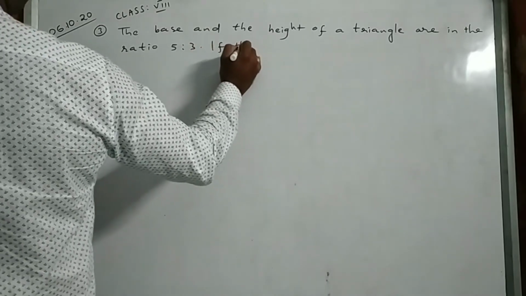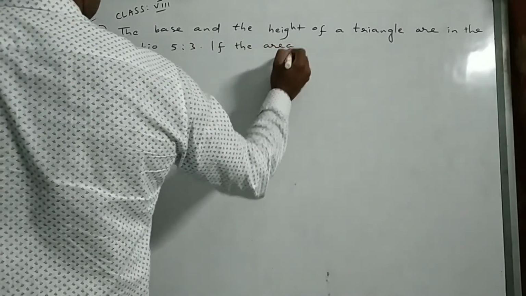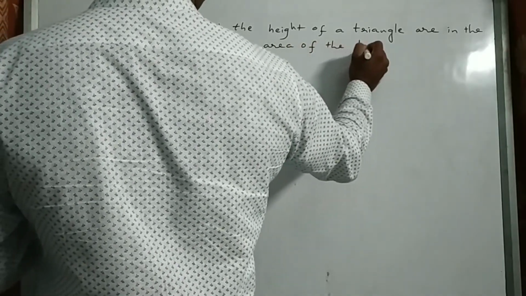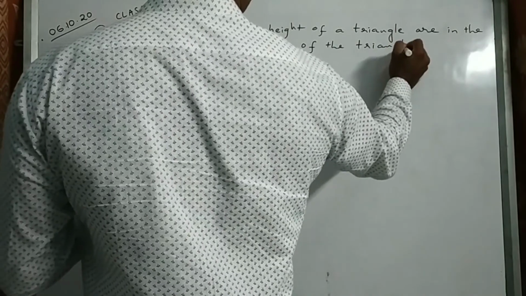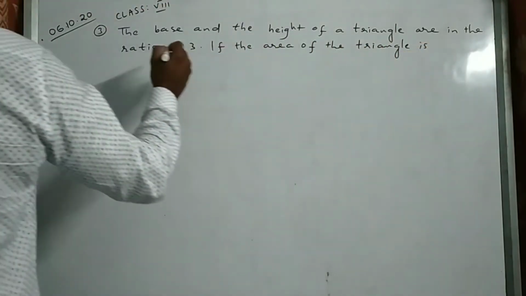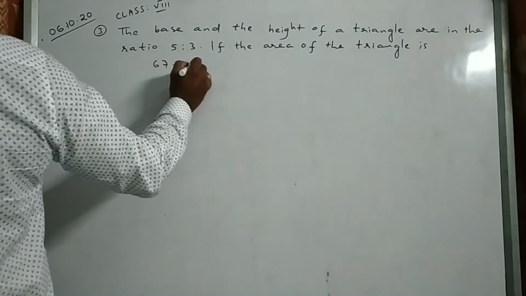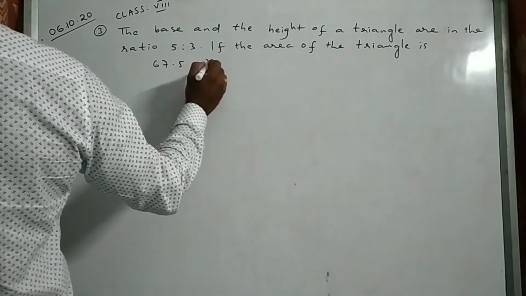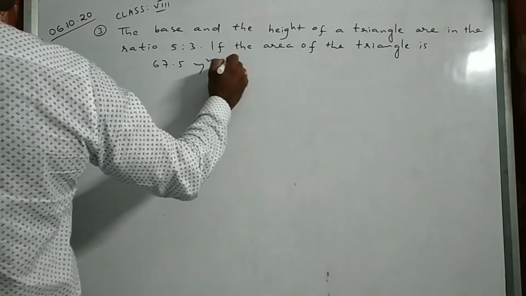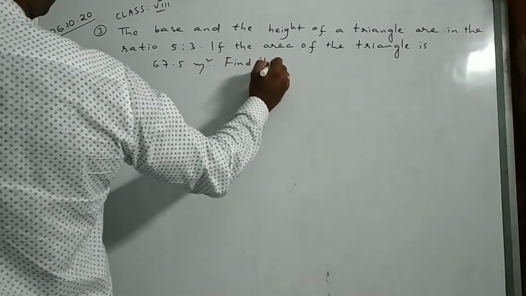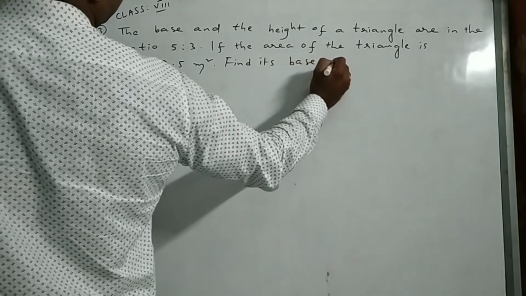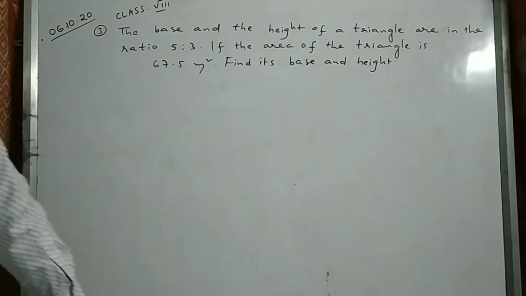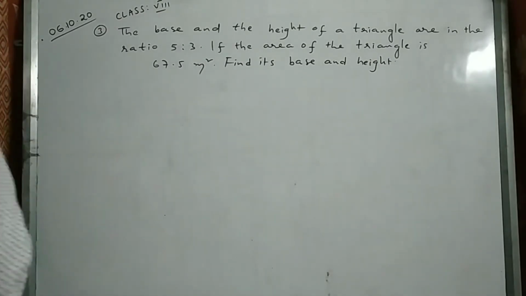If the area of the triangle is 67.5 square meter, find its base and height.